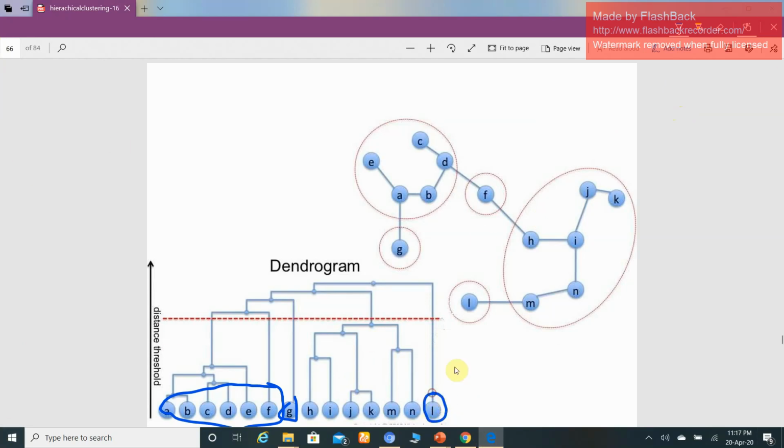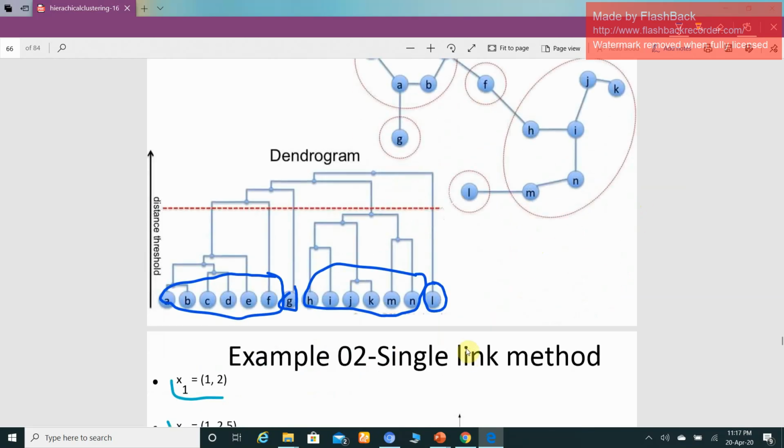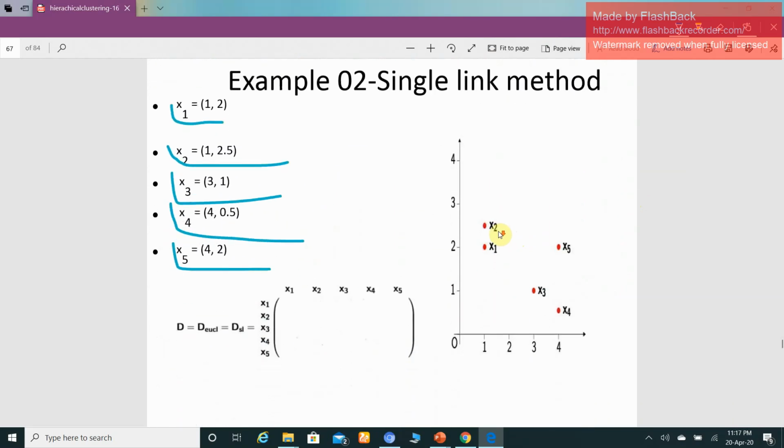L is only in one cluster. Next, all the remaining are in this particular cluster. F is also in another cluster. Right? This is the single link method.